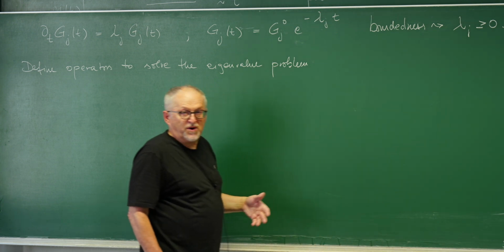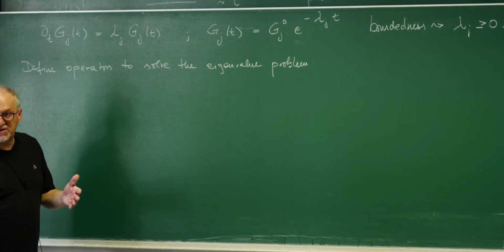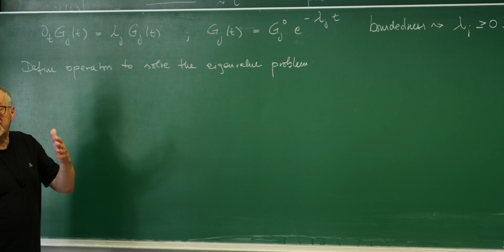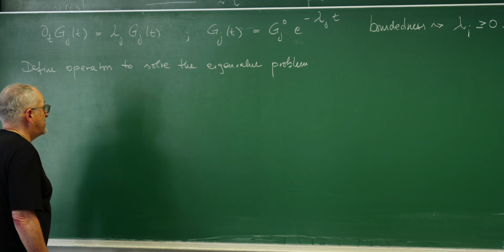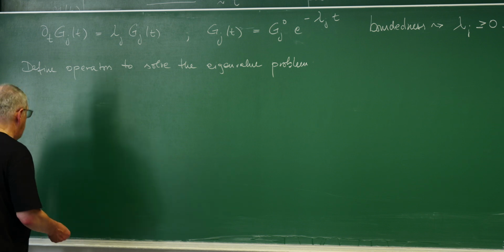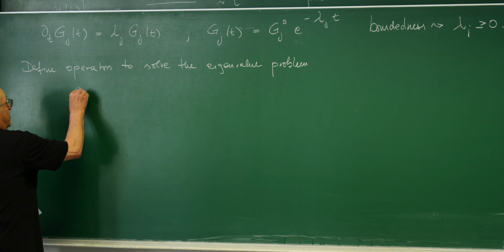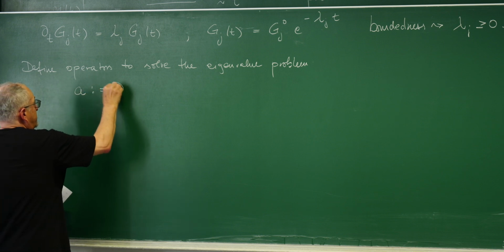And I also want operators that help me find solutions for different eigenvectors once I have found solutions for particular eigenvalues. So I want to somehow be able to connect different eigensolutions.